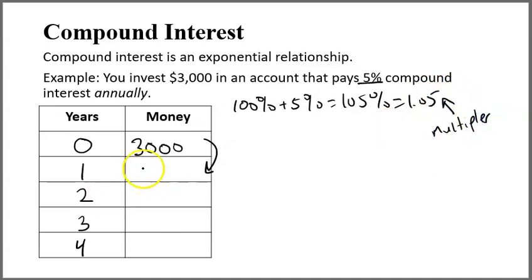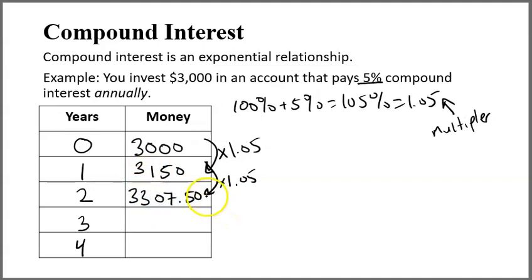After my first year, no matter which account I would choose, simple or compound, I get the same amount of money. But for year 2, the exponential, I'm going to take 3,150 and multiply that by 1.05, and that gives me $3,307.50.